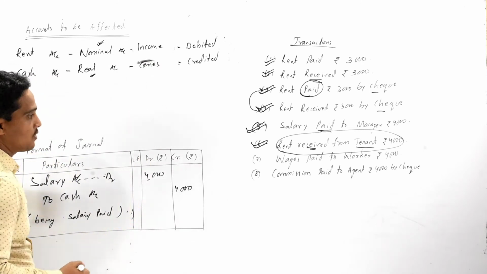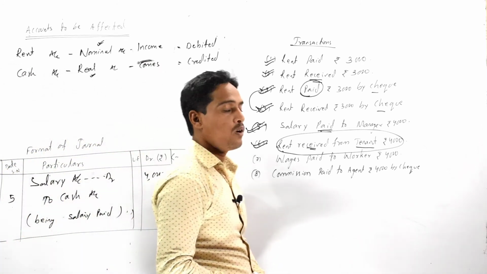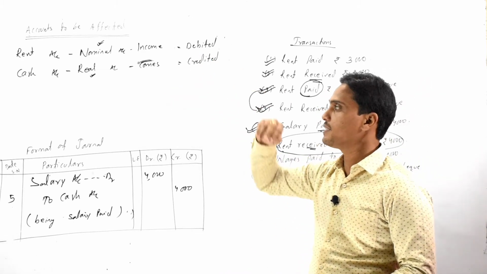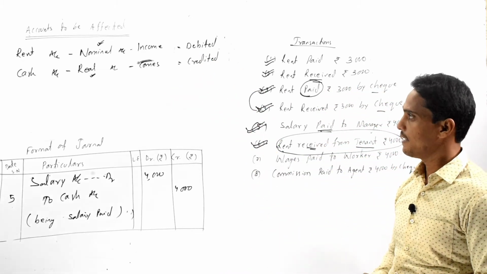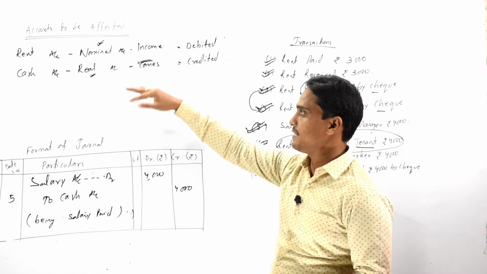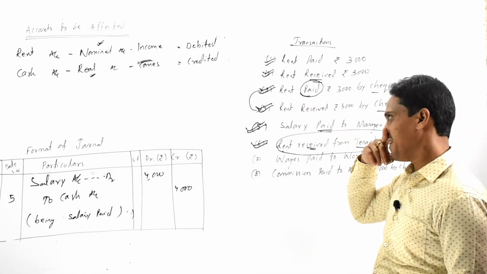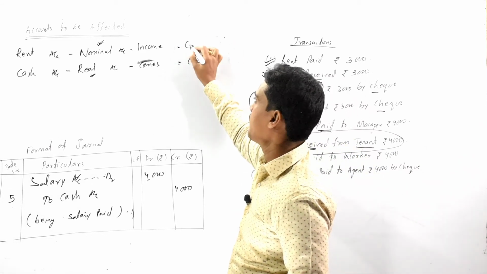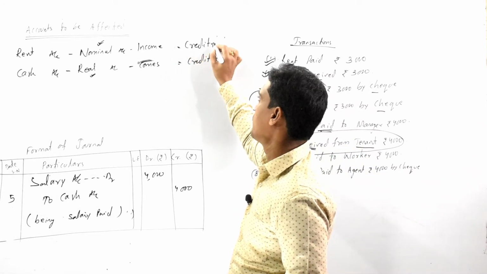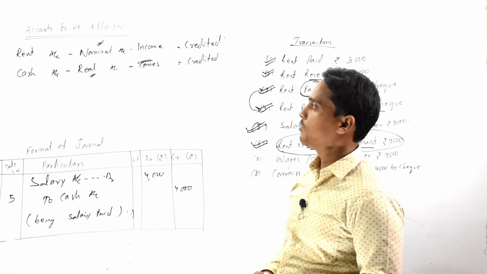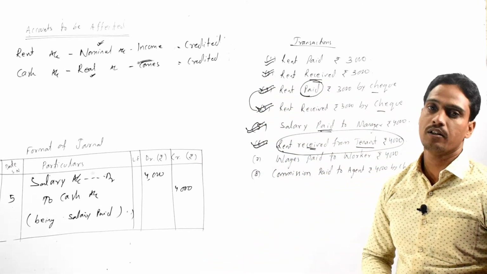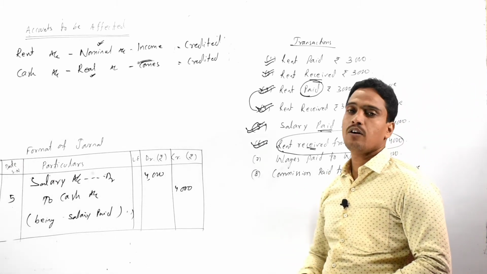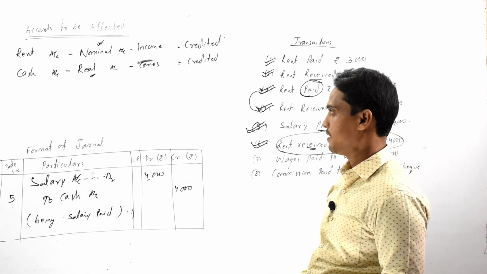Now we should apply the rules in order to identify which account should be debited and which account should be credited. As rent is income in the particular transaction, it should be credited as per nominal account rules, that is debit all expenses and losses and credit all incomes and gains.